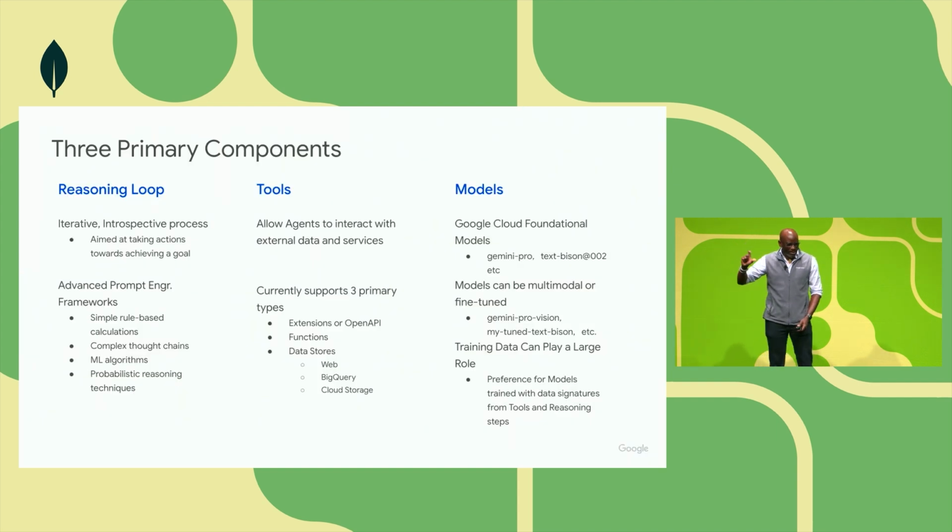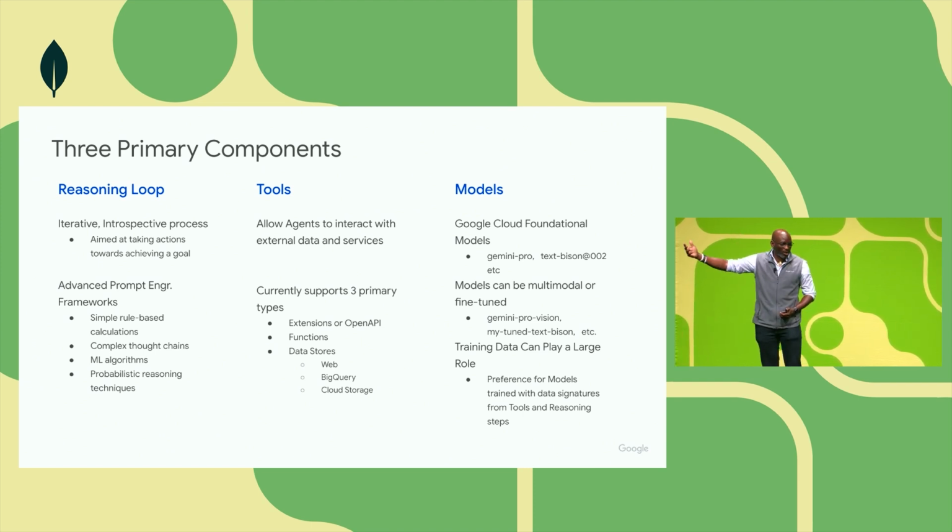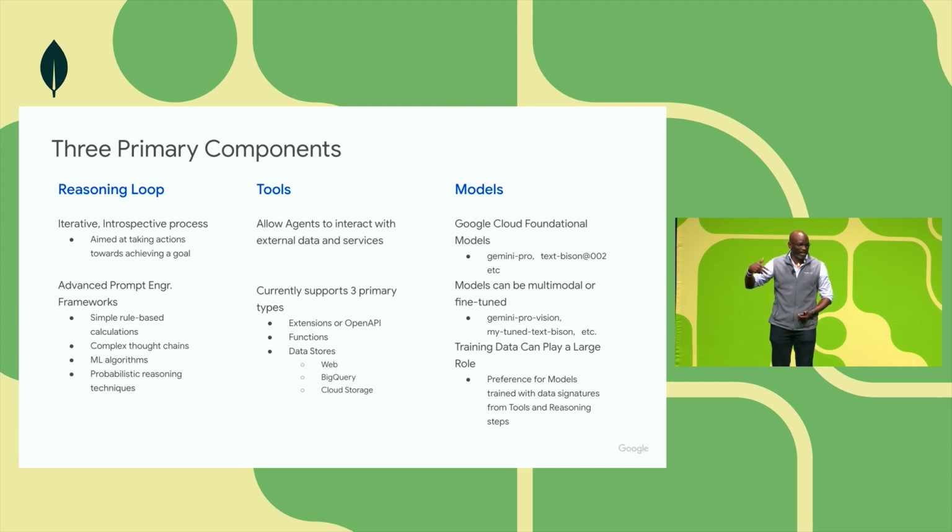And there are three main components. There is a reasoning loop, and the reasoning loop is what the LLM does for you. The LLM can look at your request, do some classification, understand what you're trying to do, and then make the call to the tools. The tools then make the action calls and return the results back to you. Those results are then also analyzed by the reasoning engine to produce a response back to you.